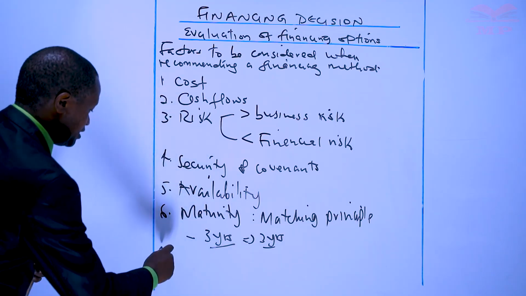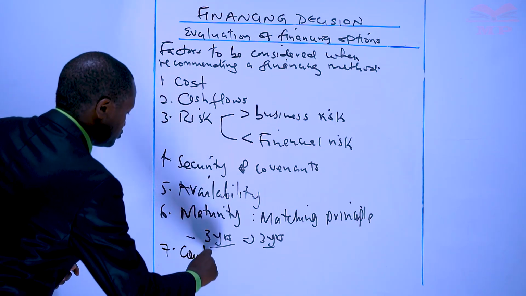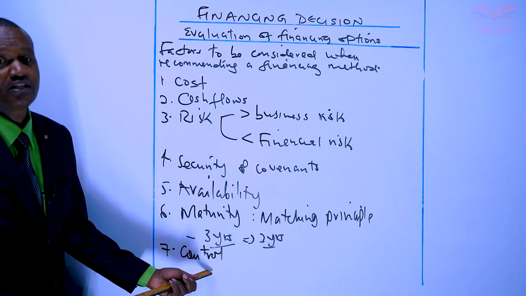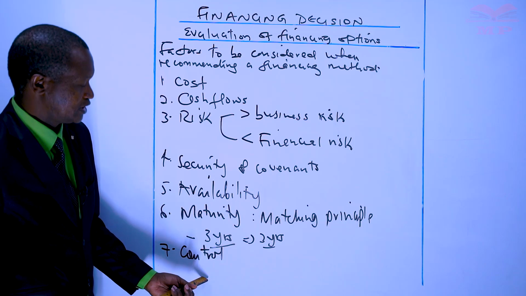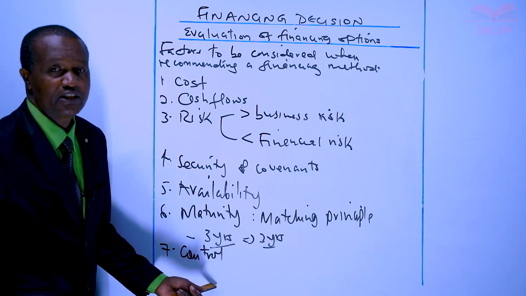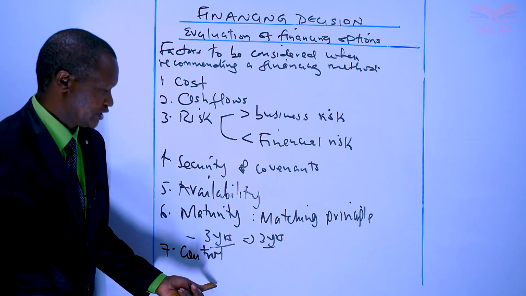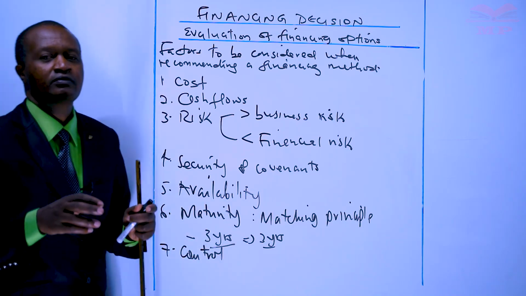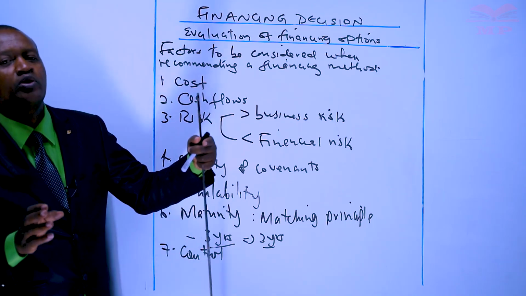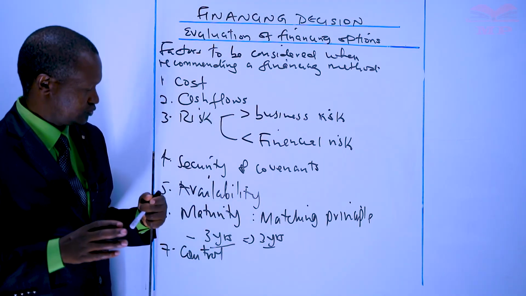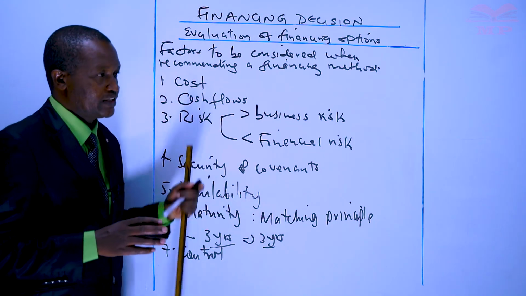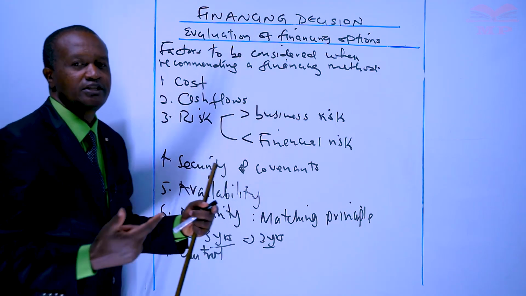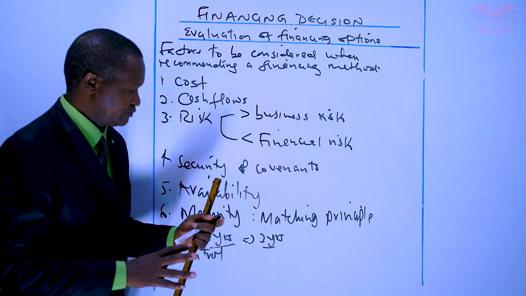Number 7, control. Control is another important factor that financial managers consider when evaluating financing decisions. For example, if debt is raised, then there will be no change in control. But if equity is raised, control may change.